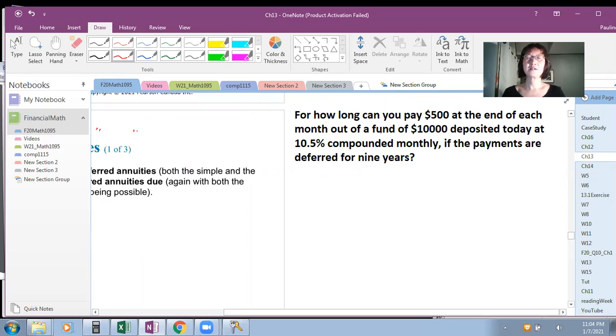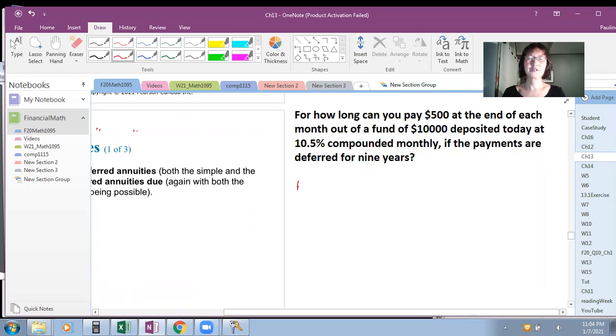For how long can you pay 500 at the end of each month out of a fund of 10,000 deposited today at 10.5% compounded monthly if the payments are deferred for 9 years?